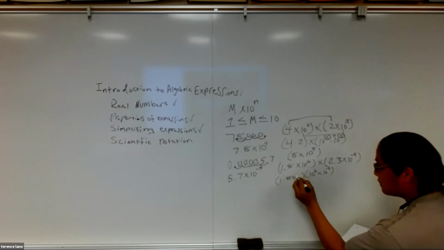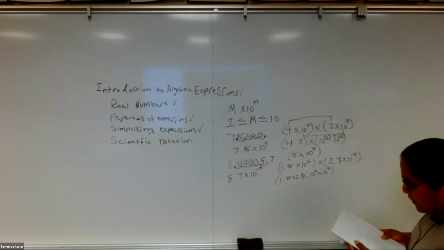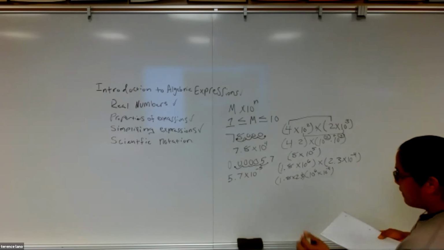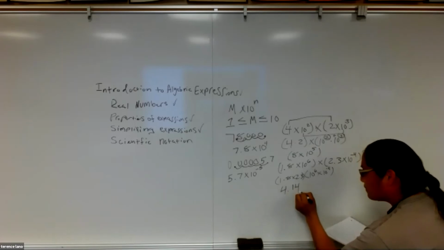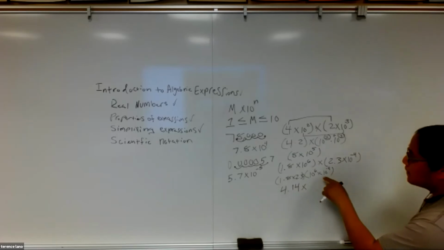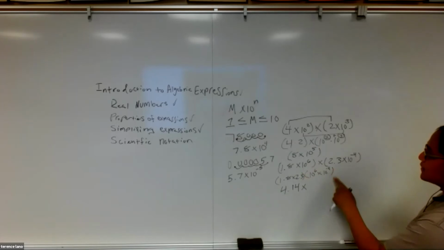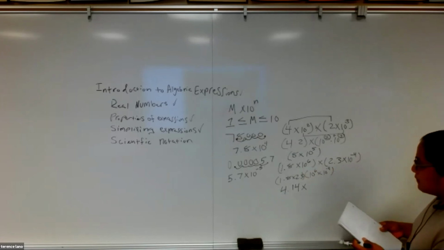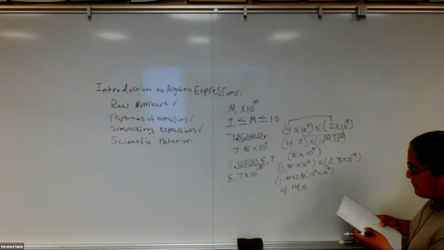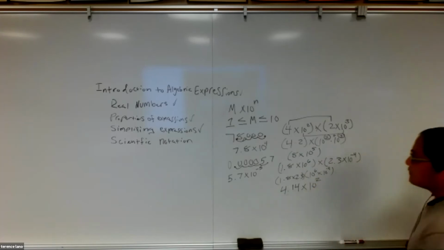Oops. 2.3. So 1.8 times 2.3, we get 4.14 times, and within this equation, we have 6 minus 4, so we're just going to subtract 4 from 6, and we're going to be left with times 10 squared.